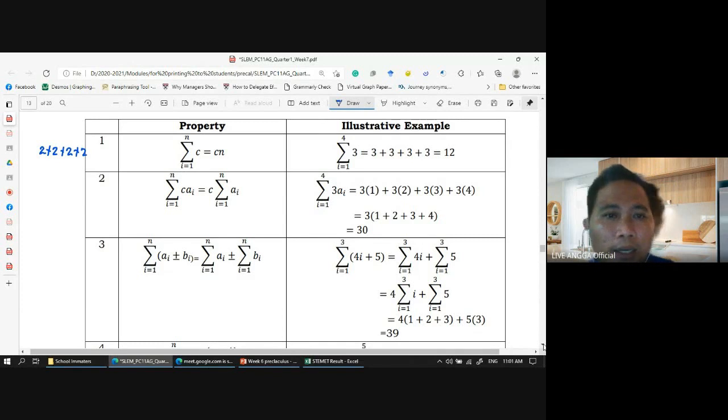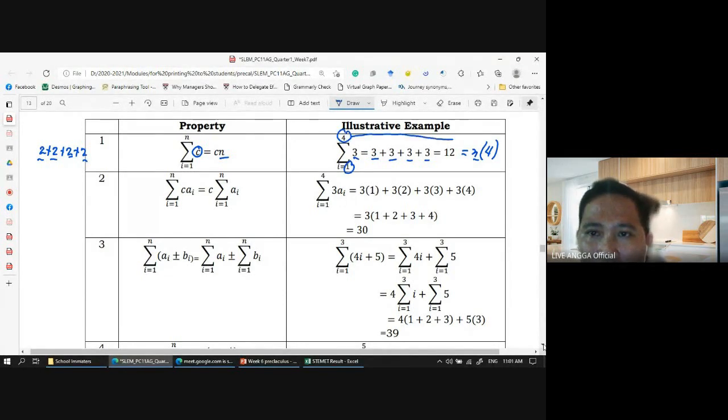For example, the constant C is what we add, and n is how many times. If it goes from 1 to 4, it means four times: 3 plus 3 plus 3 plus 3, which is 12. We also call that 3 times 4, where 3 is the constant and 4 is the ending, so we simply multiply: Cn. Did you understand property 1?